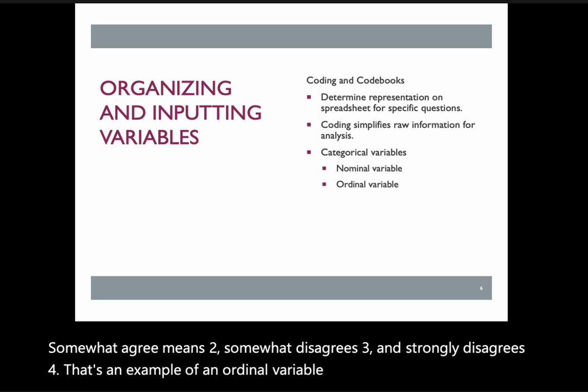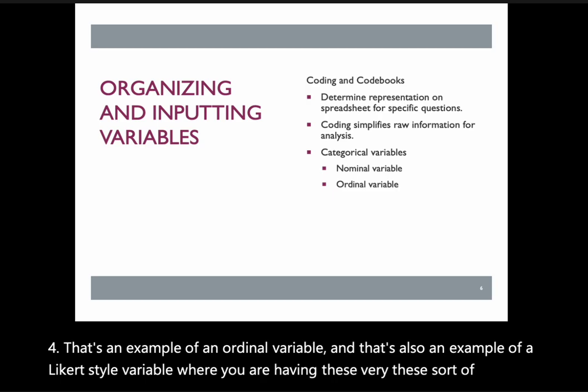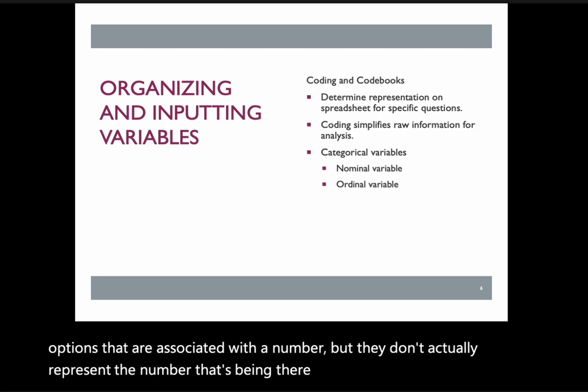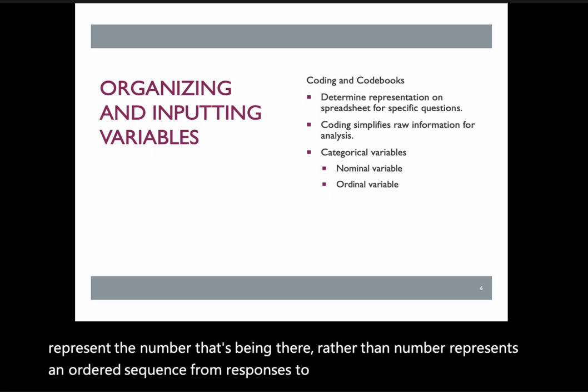And that's also an example of a Likert style variable, where you are having these answer options that are associated with a number, but they don't actually represent the number that's being there. Rather, the number represents an ordered sequence from response to response. So that's the categorical variables.